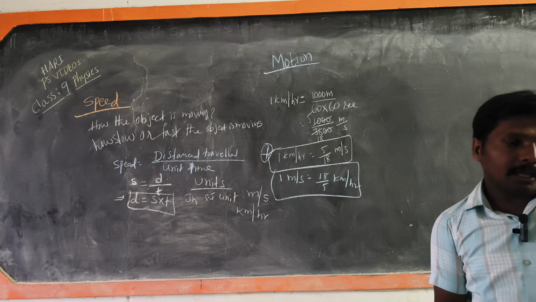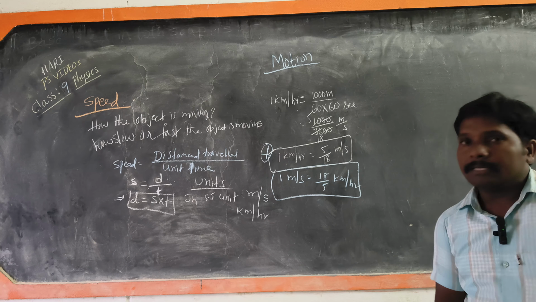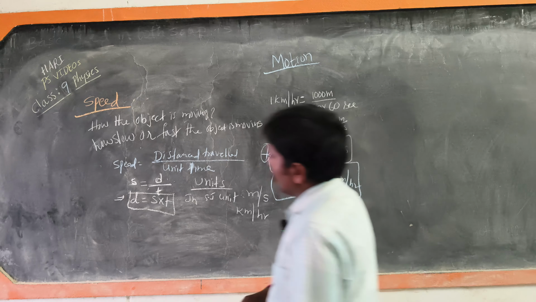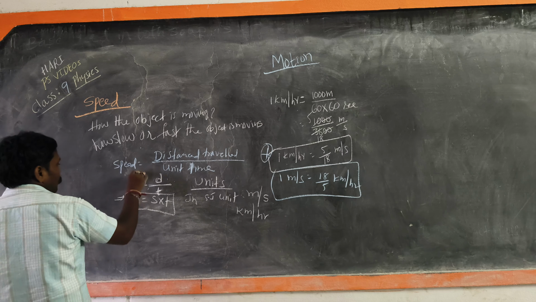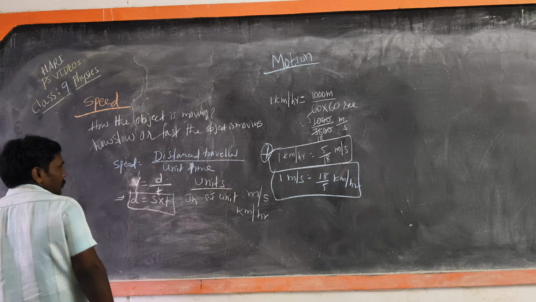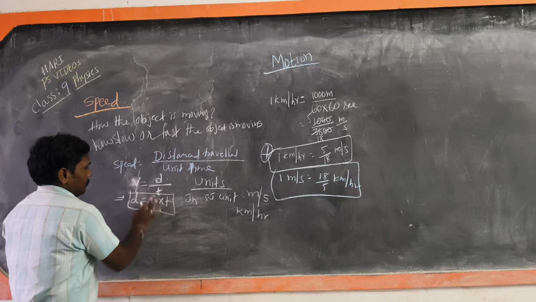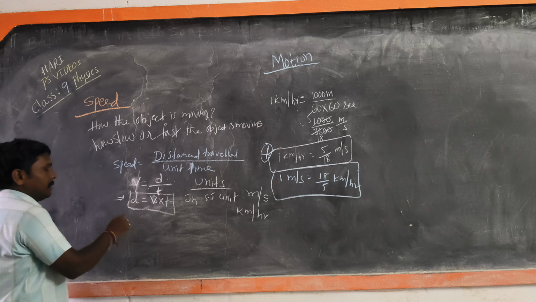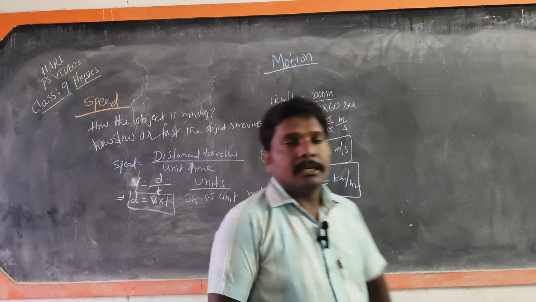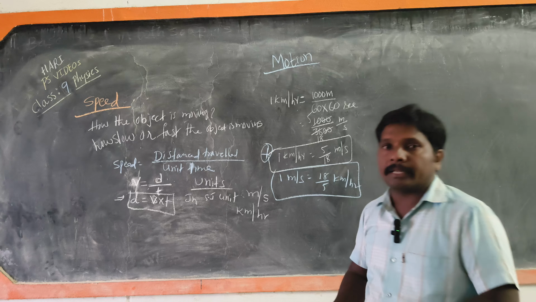So speed is distance traveled by time taken. V is equal to D by T, then D is equal to V into T. What is distance?